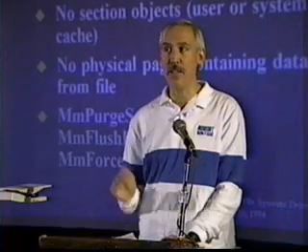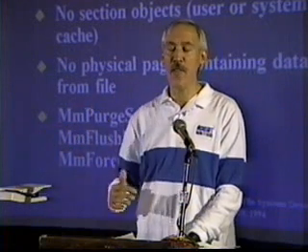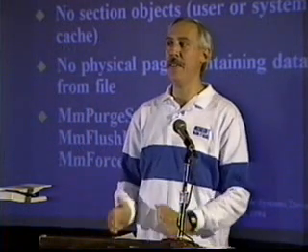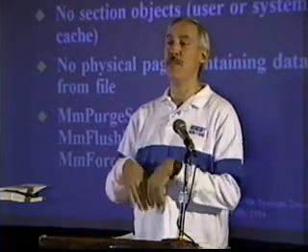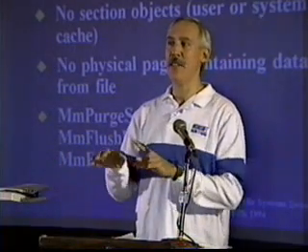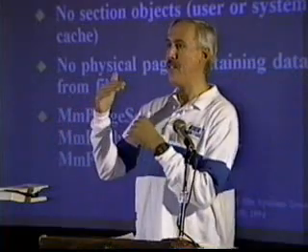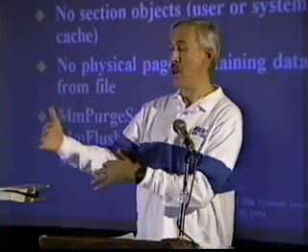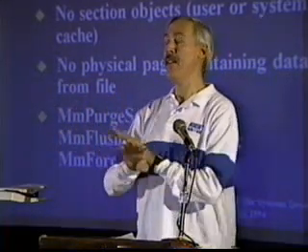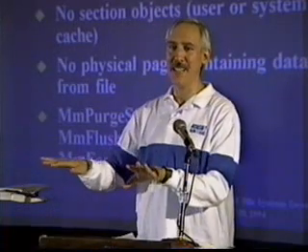Here's when the file object is dereferenced: when there are no user mapped views in the user or system cache, there are no section objects, which means no users have a handle to a section, and there are no physical pages containing any data from that file. People who know NTFS know it has multiple streams. Think of an executable that has code mapped as code, and the executable mapped as data. Think of those as two separate files, because as far as the memory manager is concerned, they are.